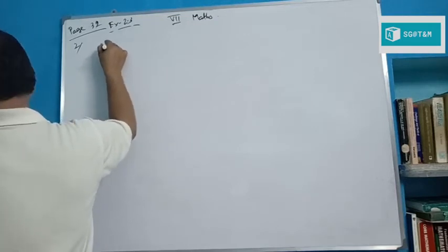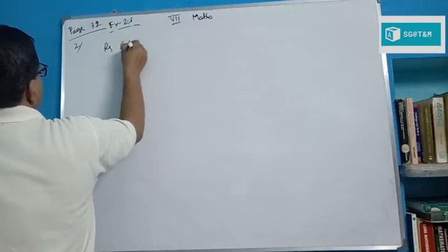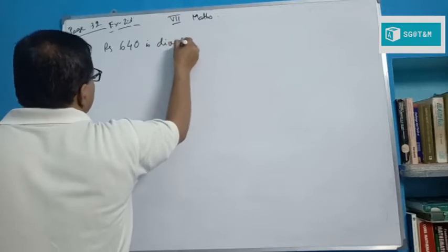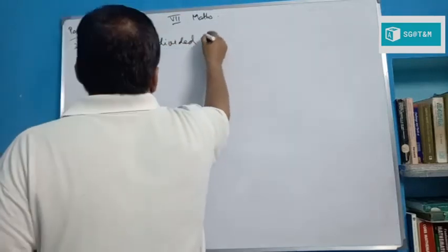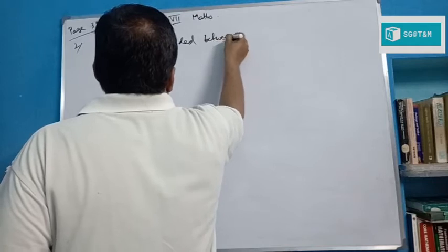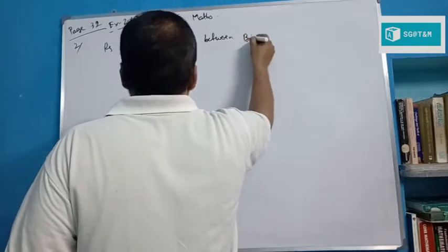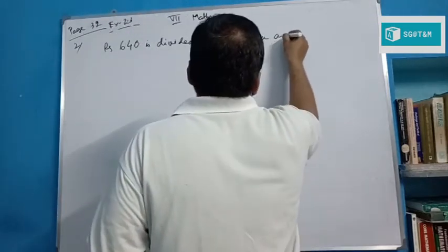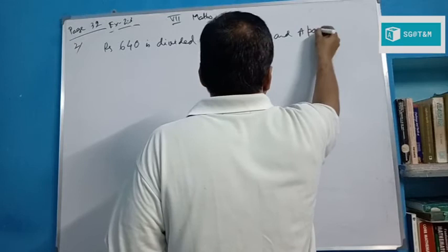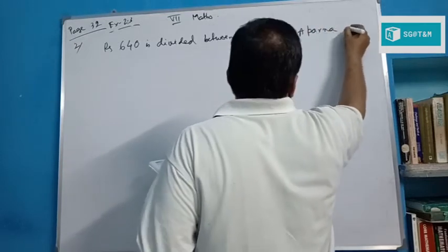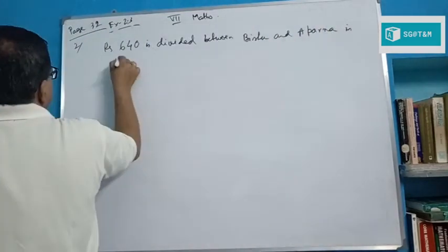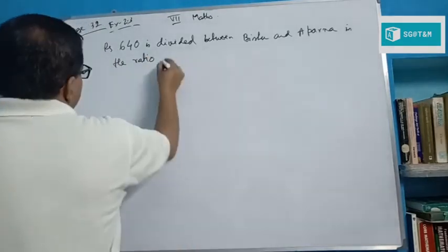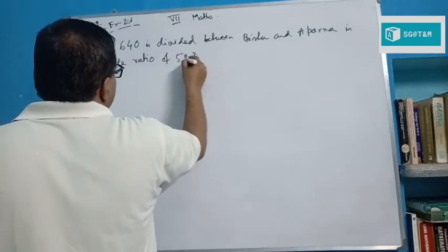So it is given rupees 640 is divided between Bishu and Aparna in the ratio of 5:3.